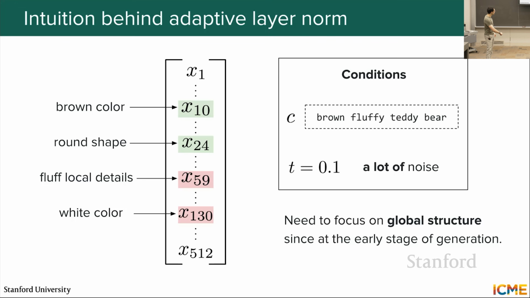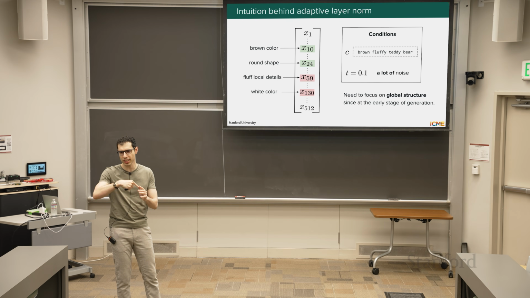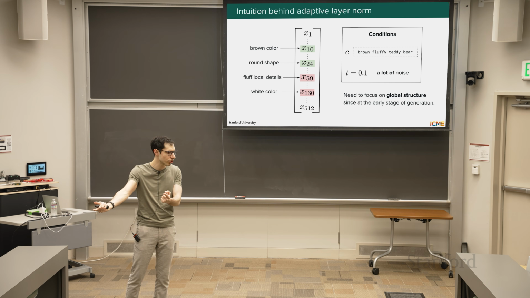Now let's suppose you want to generate an image with the condition a brown, fluffy teddy bear. As you remember, generating an image is not one shot. Typically, you do that iteratively, where you take a noisy latent as input, and then you have the condition and how noisy that image is, and you try to have something as output that will allow you to denoise your image.